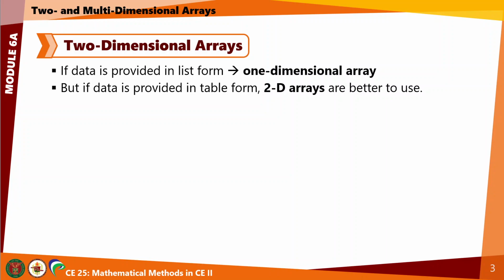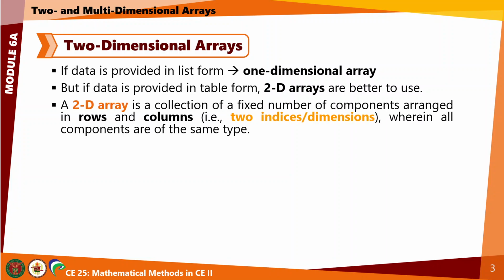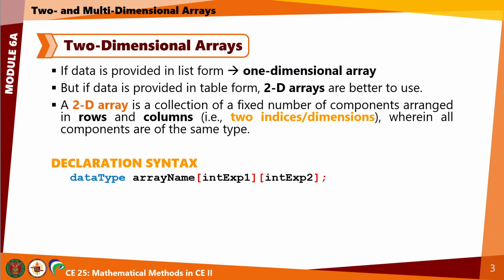Okay, so pag sinabi 2D array, may collection tayo of a fixed number of components arranged as the number of rows and columns. So, meron tayong two dimensions or two indices na. Okay, so instead na list lang sa isang bracket lang, we expect na dalawa na yung dimension ng ating 2D array. And paano siya dinideclare? Ganito lang. Same lang sa ating 1D array.